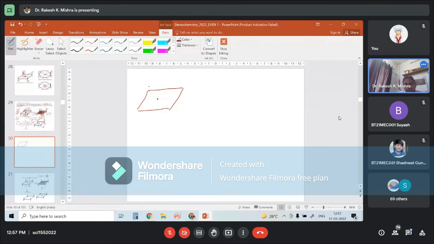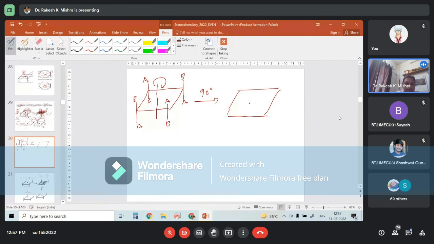This was the thing. A, B, B, A, right? And through the axis, you are rotating this one. Now after rotating through 90 degree, you will get this type of structure.